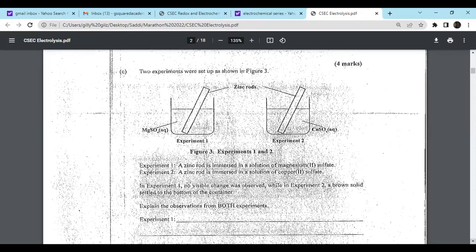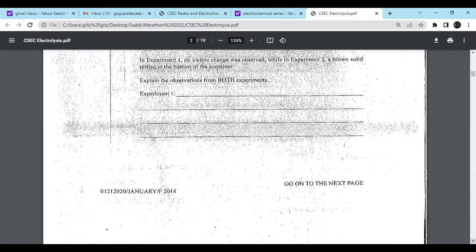We actually did this since morning, if you recall. This has to do with the reactivity series. With the reactivity series, magnesium is above zinc. So zinc cannot displace magnesium from a species. But copper is below zinc, so zinc can displace copper. When zinc displaces copper, the solution is going to lose its blue color and the copper solid is going to deposit at the bottom of the container, which is why you saw the brown stuff.